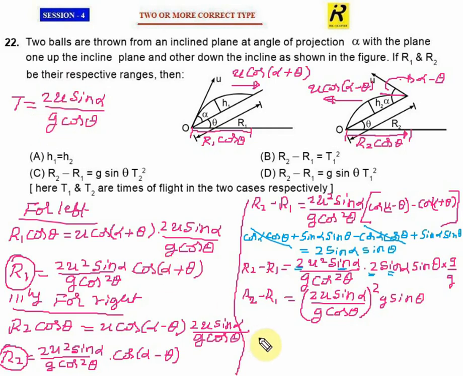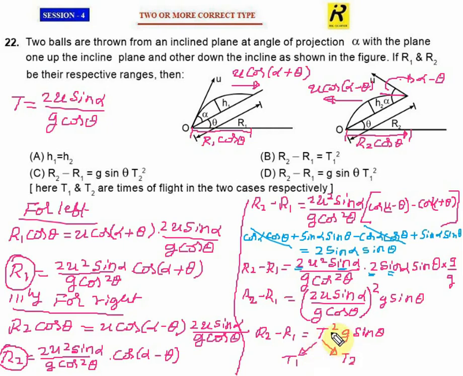So finally I can write R2 minus R1 equals t squared into g sine theta. But you must know t is nothing but t1 as well as t2. I can replace this t by t1 or t2.